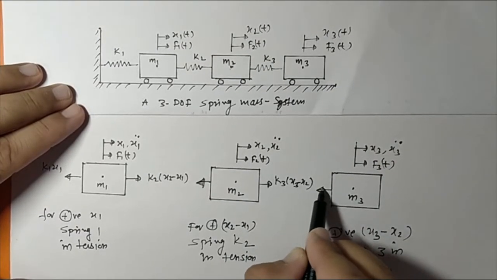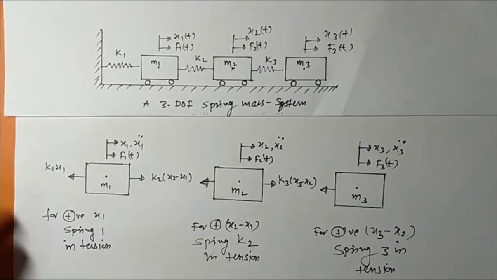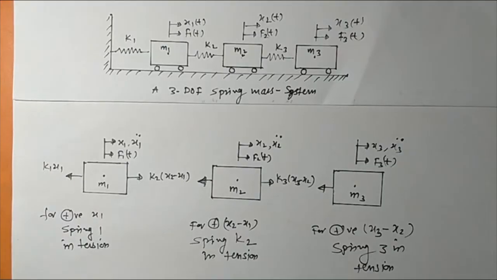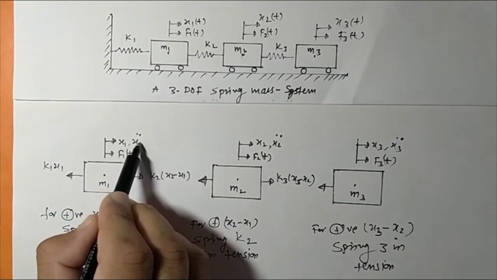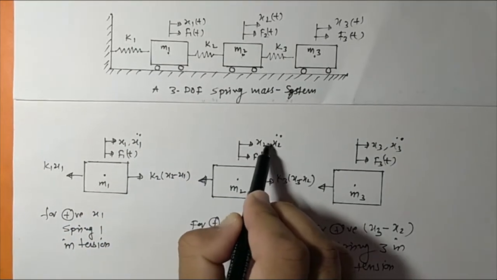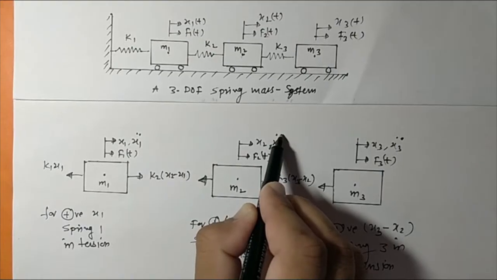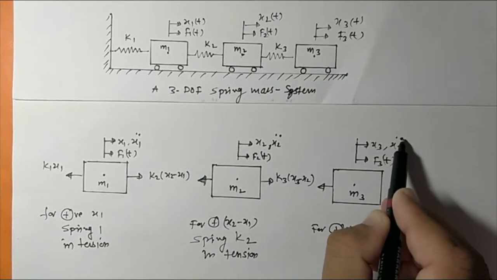Now we'll identify the direction of the inertia force. So if this is the direction of x1, then this would be the direction of x1 double dot. Similarly, this is the direction of x2, then this is the direction of x2 double dot, and this is the direction of x3 and x3 double dot.